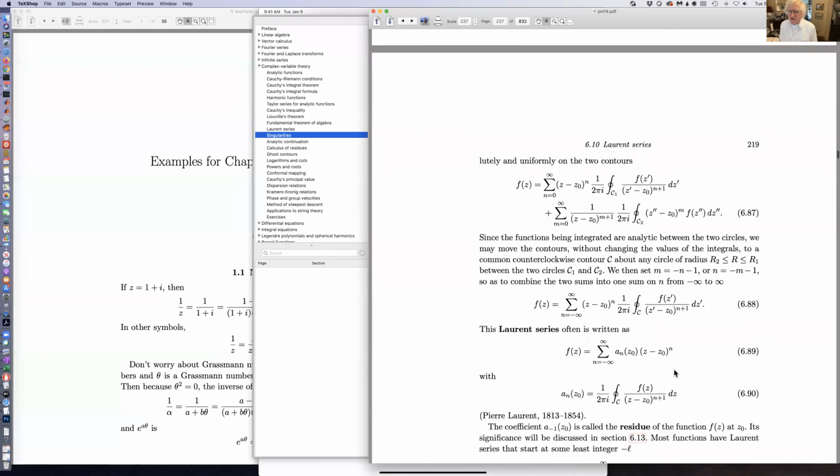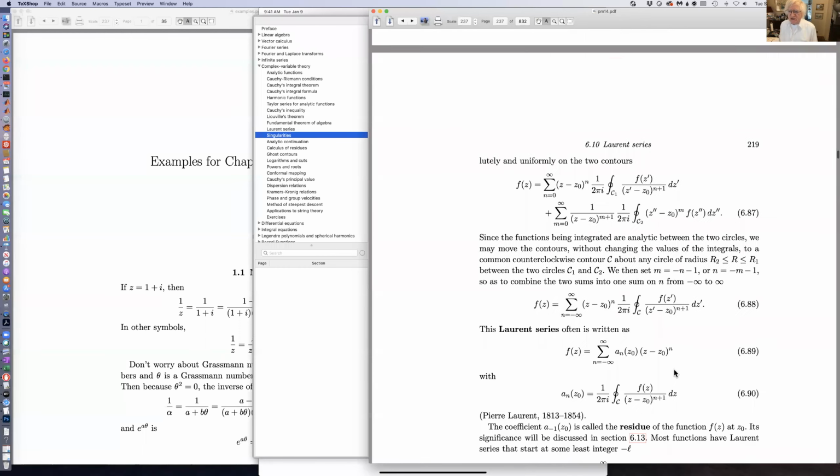The most striking example is the power series about zero of just z to the n. And we know this for absolute value of z less than 1, this converges and defines an analytic function inside a circle of radius 1. On the other hand, we can sum the series. Within the circle, it's 1 over 1 minus z. But now we've defined a function that is analytic everywhere except at the point 1.